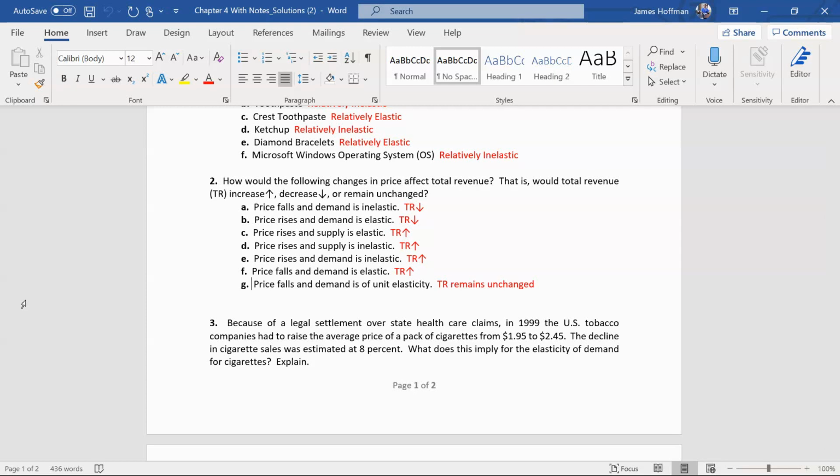And then G, price falls and demand is of unit elasticity. We didn't talk about this one much, but that just means the elasticity is exactly 1, which means the change in price is exactly the same as the change in demand. So it's one-to-one. Therefore, total revenue doesn't change, because what you gain is offset by what you lost.